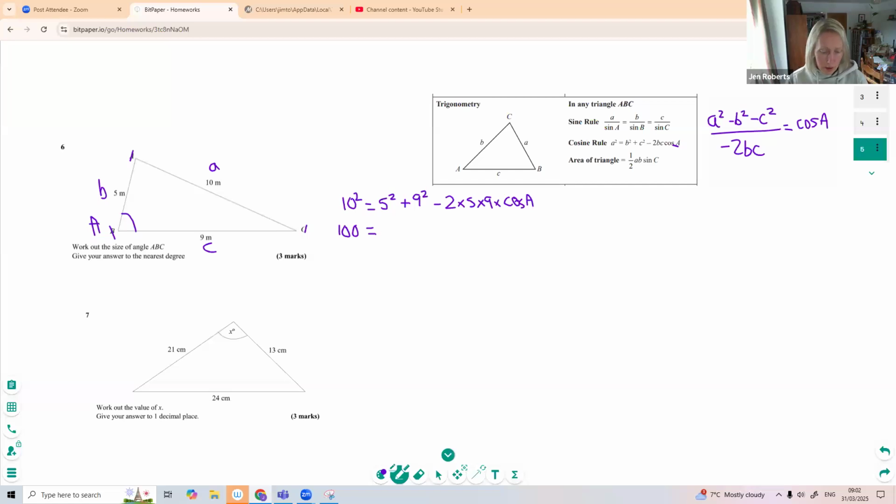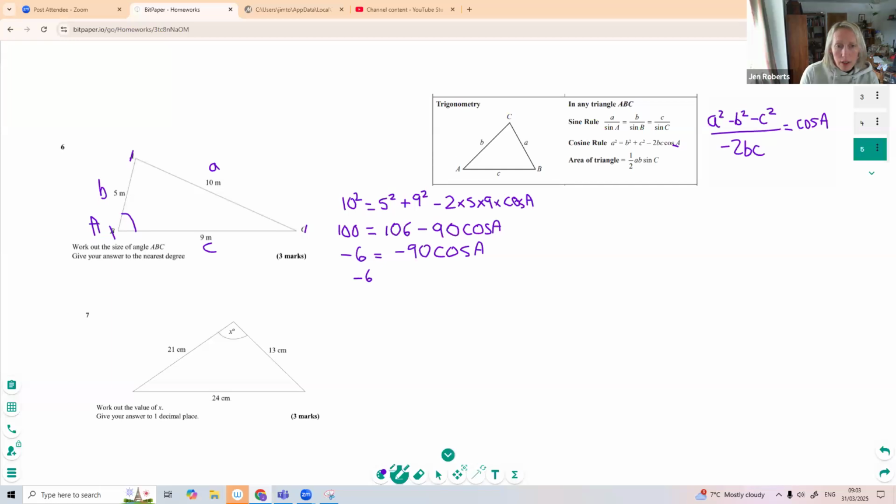100 equals 106 minus 90 cos A. I'm going to take 106 from both sides. I'm going to get rid of this off of here, so I need to take it away from both sides. Divide both sides by minus 90, because this means cos A times minus 90.